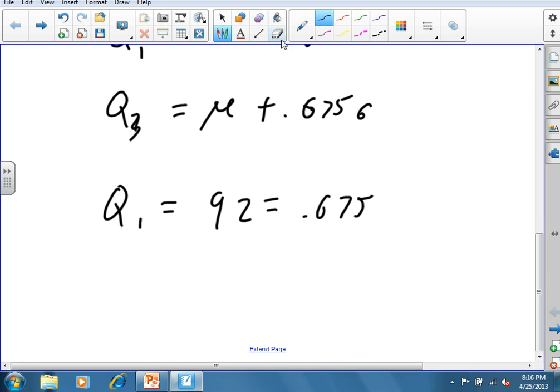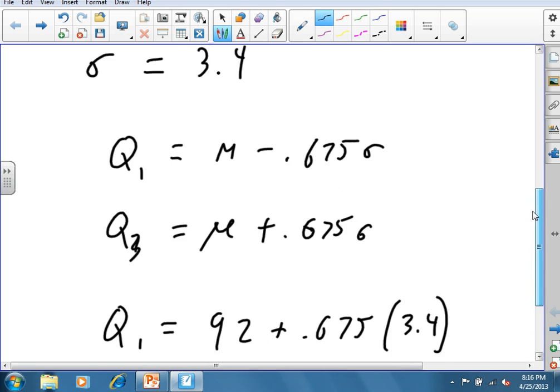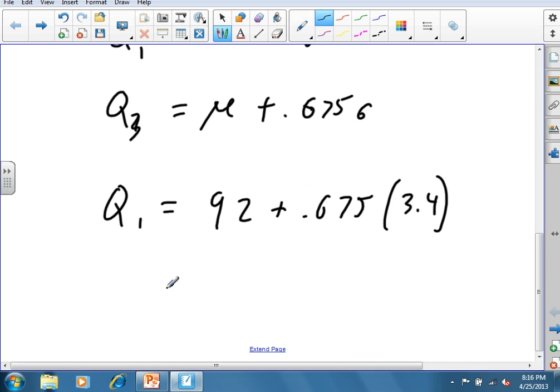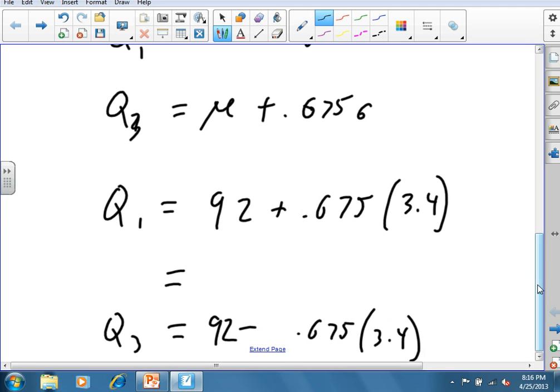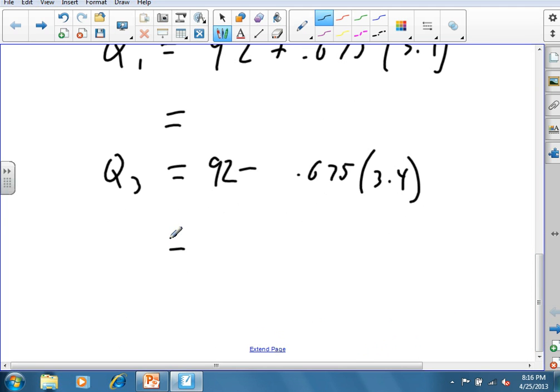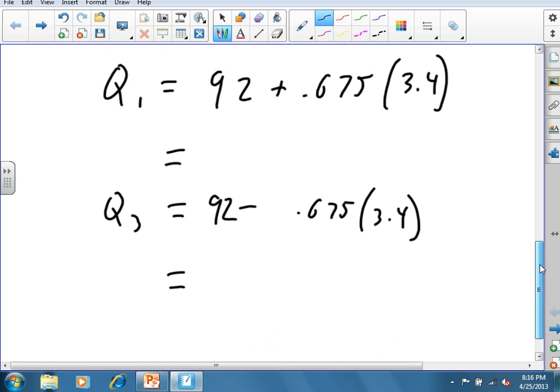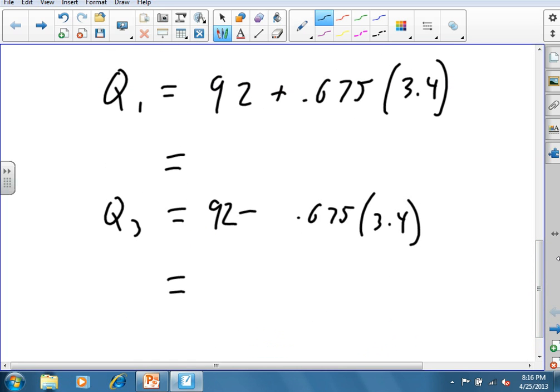Okay, so first quartile means 92, 0.675. That doesn't look like a plus sign, does it? And the standard deviation was 3.4, right? Yes. Okay. And the third quartile, 92 minus 0.675, 3.4. Don't ask me this next week, I probably won't know it. You have the plus and minus mixed up.